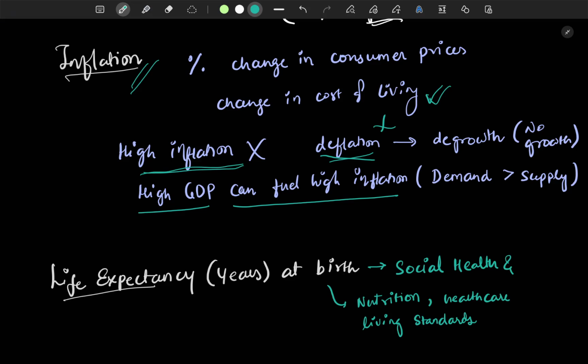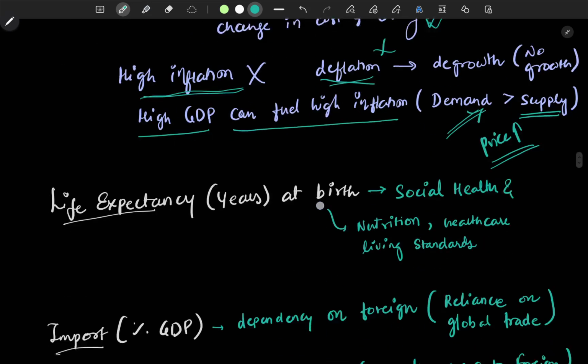That's why there is increasing demand for retail and fashionable retail stores. The demand is crossing the supply, which means prices will increase and fuel inflation.